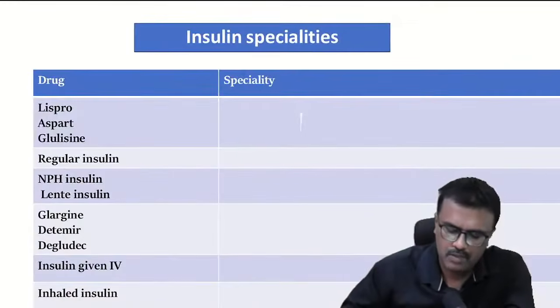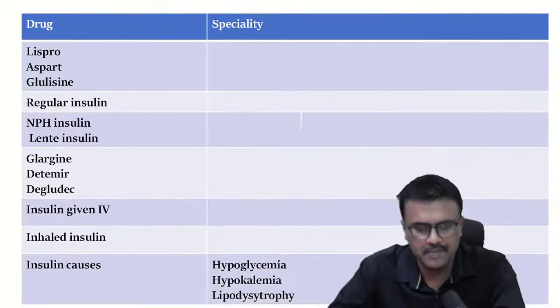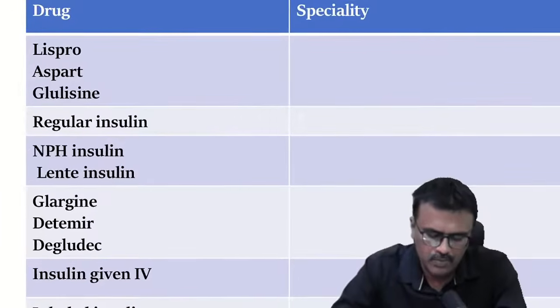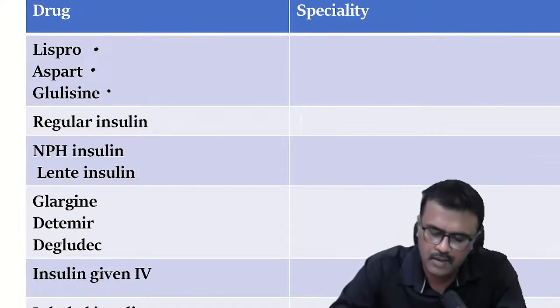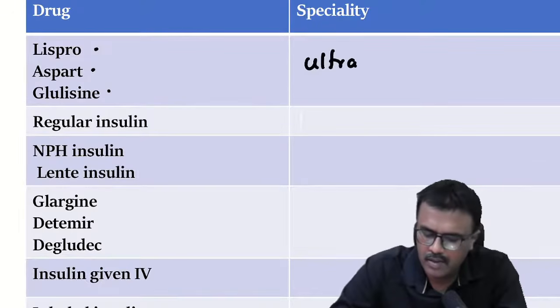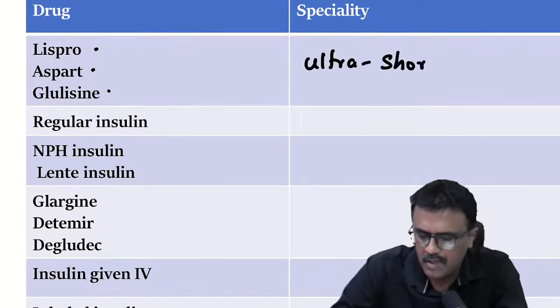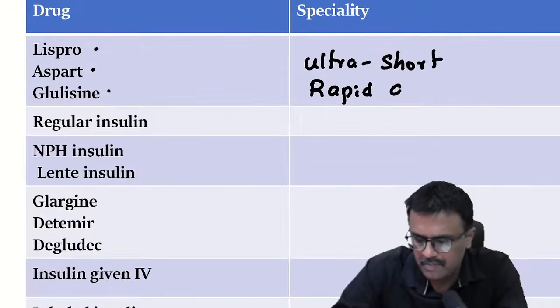Now coming to the next one, insulin specialties. Now the lispro, aspart, glulisine, what is the specialty? These are ultra short acting insulin. And their onset is rapid, so they are called rapid acting insulin.